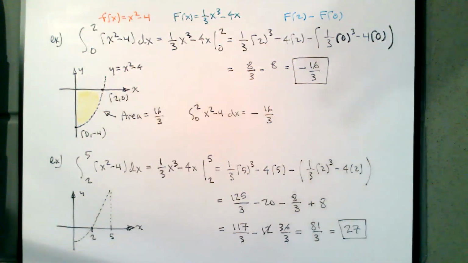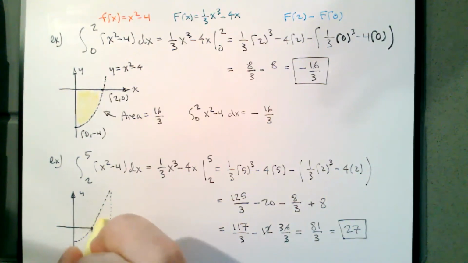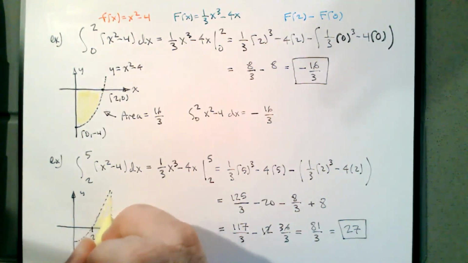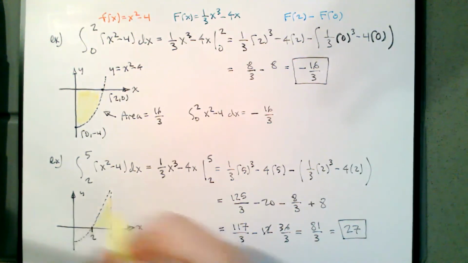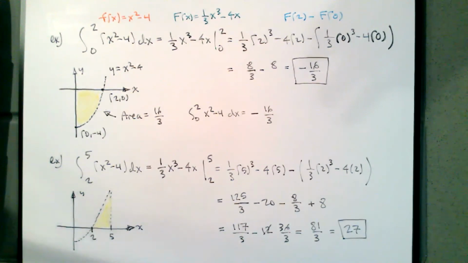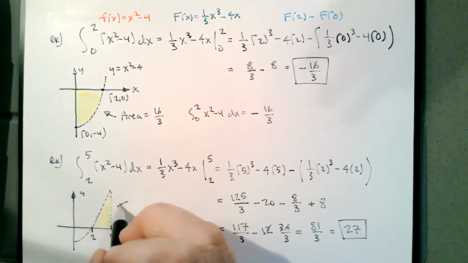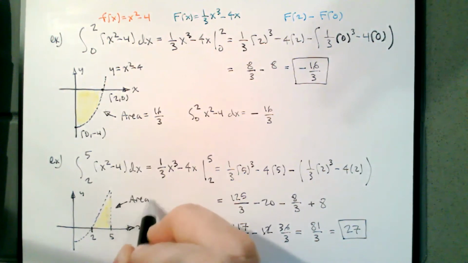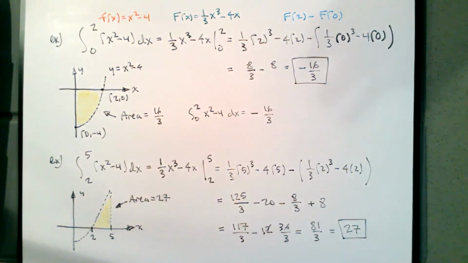So here, the area under the graph of x squared minus 4 and above the interval from 2 to 5 on the x-axis, the function is above the x-axis. And so that area is 27, and the definite integral is calling it positive 27 because the function is above the x-axis.